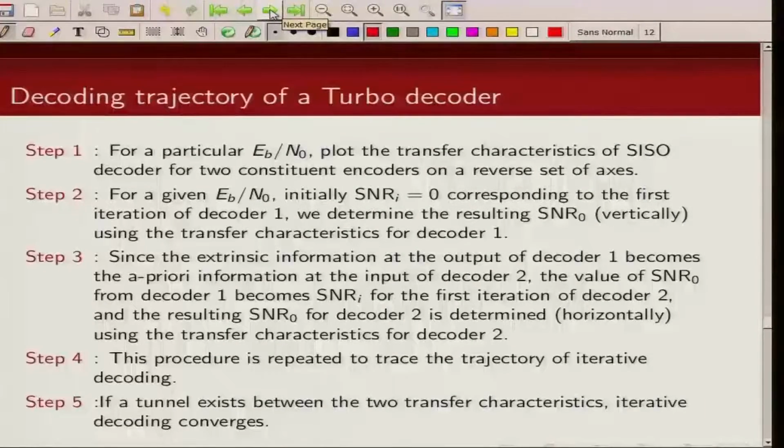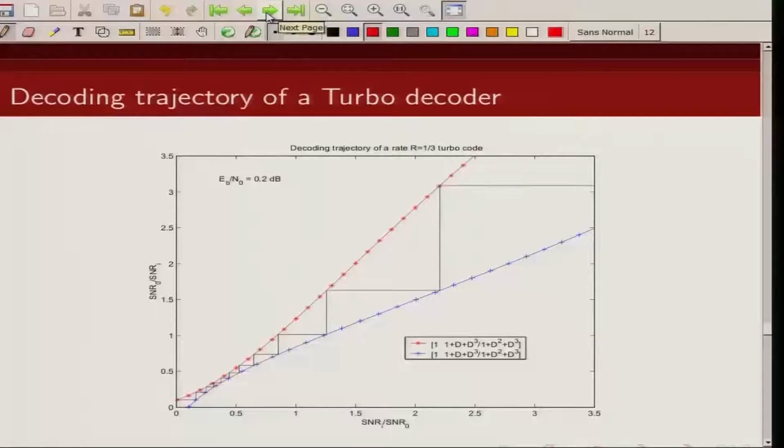Our decoding trajectory will not get stuck if there is a tunnel, and if these transfer characteristics cross each other, then our decoding trajectory will get stuck. So, this is an example.